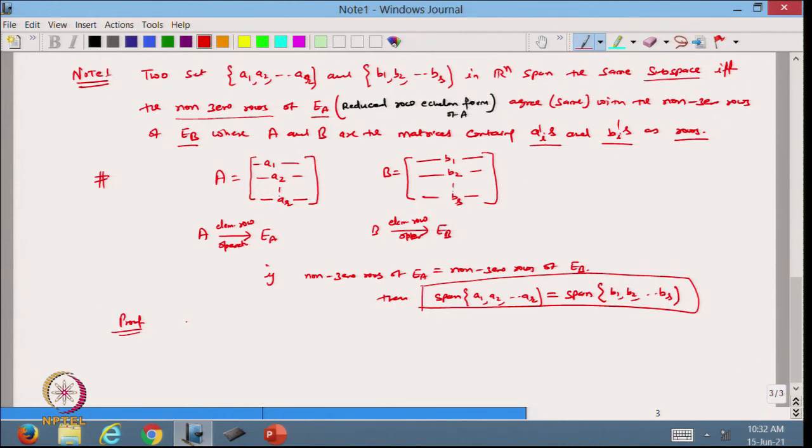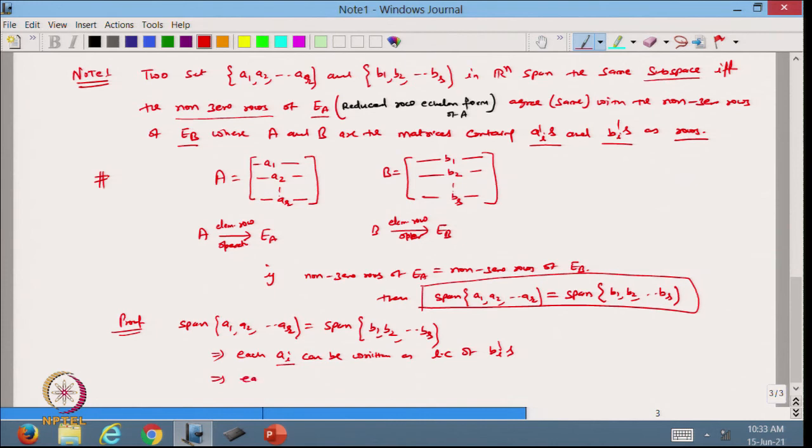Suppose the span of A1, A2, up to AR is equal to the span of B1, B2, up to BS. Then definitely it implies that each AI can be written as a linear combination of BIs, because the span of this one contains all of A1, A2, AR, and that also contains B1, B2, BS. So, each of the AIs can be written as a linear combination of BIs.